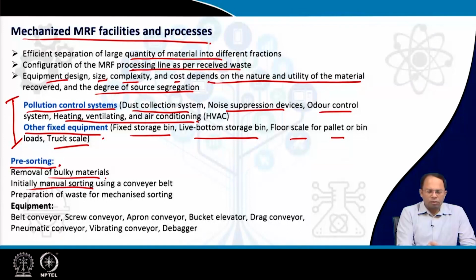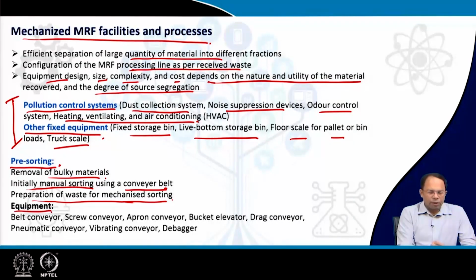So initially, once the bulky materials are recovered, or maybe some of it could be recovered even using this conveyor belt as well, we do manual sorting using a conveyor belt, and then we start recovering the materials. So we prepare the waste for mechanized sorting. So we remove the major items, bulky items, and even large size items, or things which can definitely be separated out immediately. Those could be taken out, and we prepare the waste for further mechanized sorting.